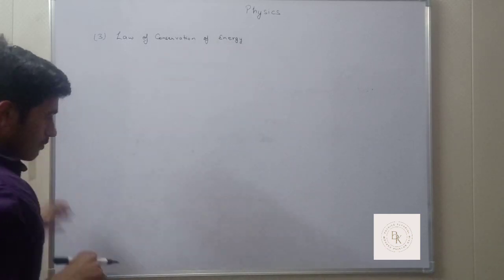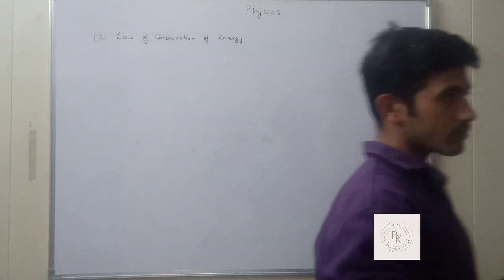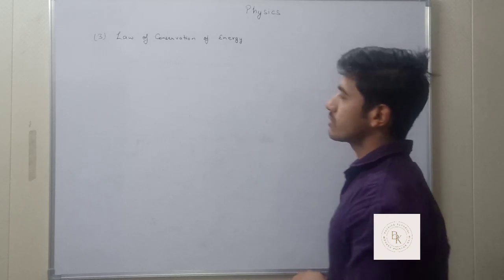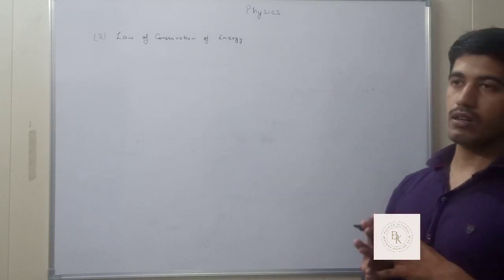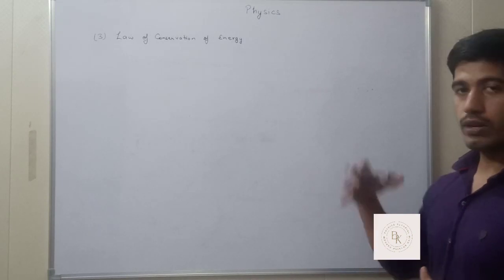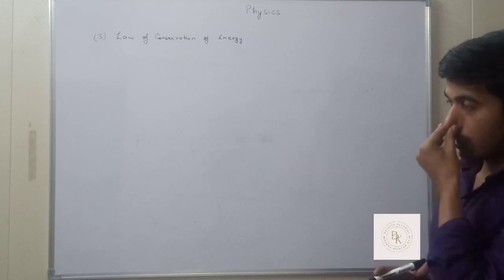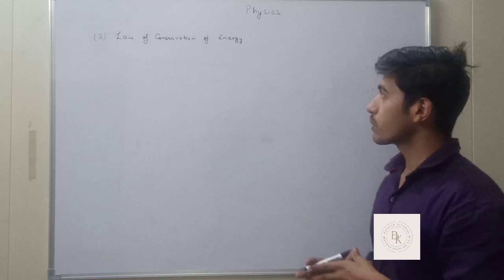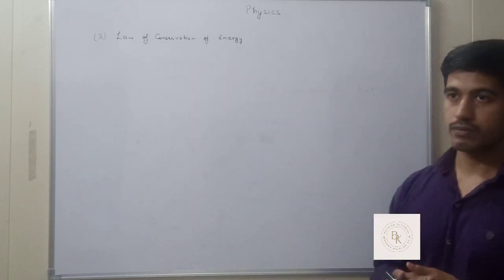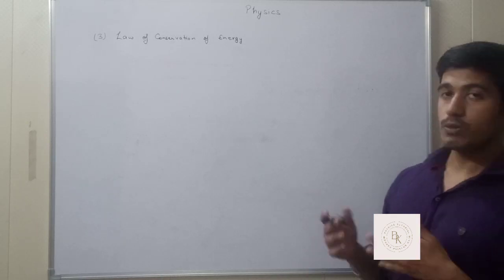See, all the laws of conservation govern every moving particle or object in our actual life or in space. How is it able to do this? Because these three laws are the basis of classical mechanics, and we can also prove this.